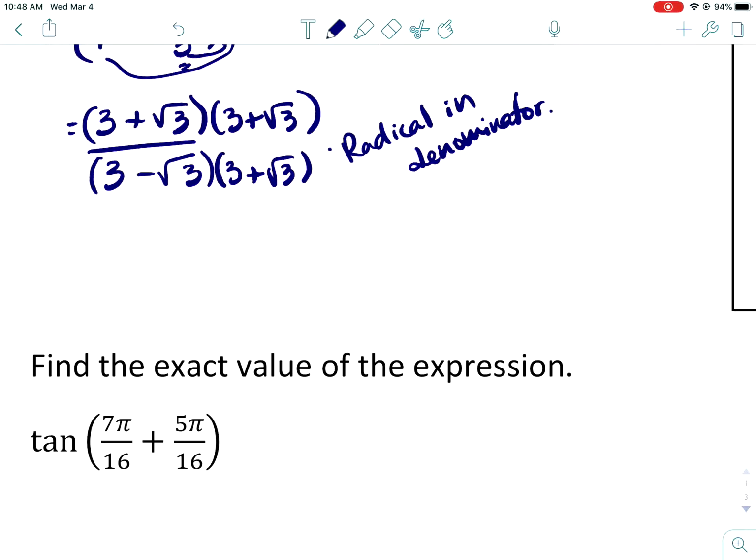I know you guys are probably running out of room. We have a couple more things to write. All right, so in the numerator, we have to do all the distributing. So we have to distribute the 3, and then we have to distribute the square root of 3.